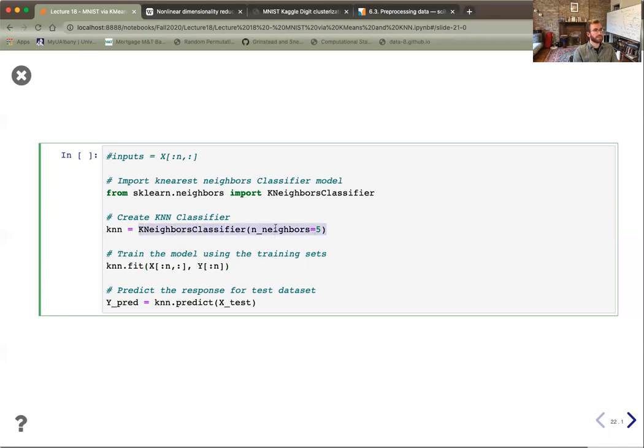We're going to create an instance of this class where the number of neighbors we look at is 5. It's going to be our KNN object, and we're going to fit it. Here we have to pass it both X, which is the features of this grayscale image, and Y, which is actually the class label. And then you can predict using the test data.